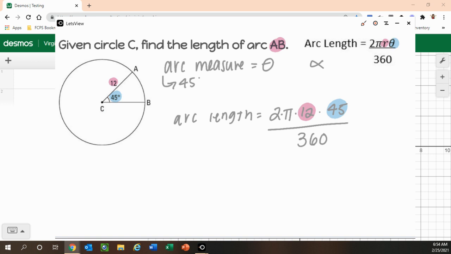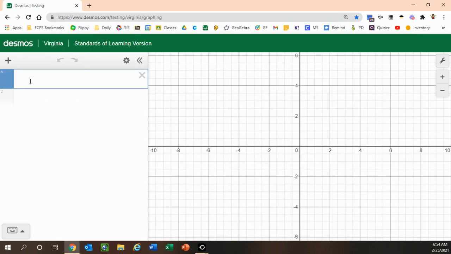So we head to handy dandy Desmos, and you can put it in exactly as is. I'll start my fraction: 2, to put in pi you literally type P-I, 12 times 45 up top. On the bottom, 360.